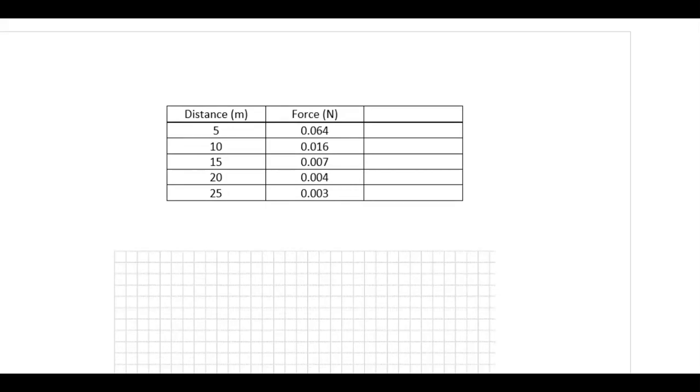Sorry, I've moved ahead. And our graph paper here is the same. We've got our force, which is in newtons here. We've got our distance measured in meters here. And so if we call that 0, we'll call every 5 5s.